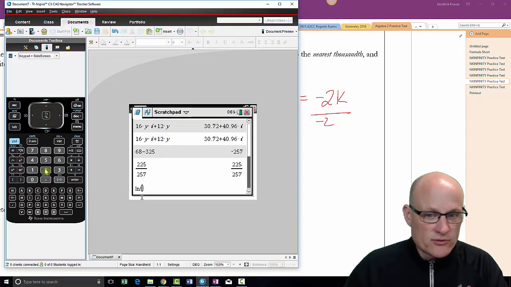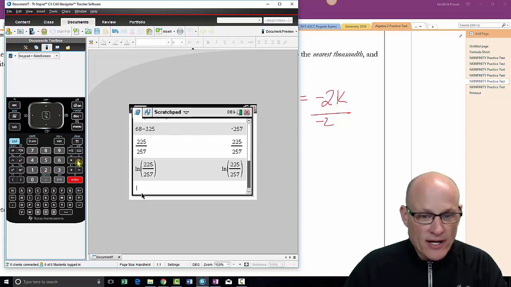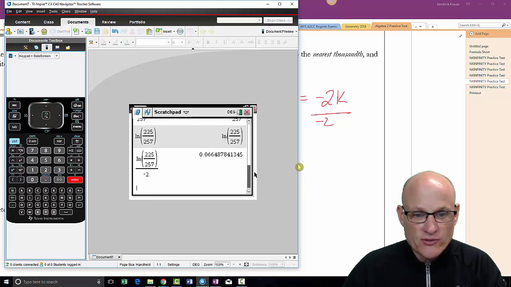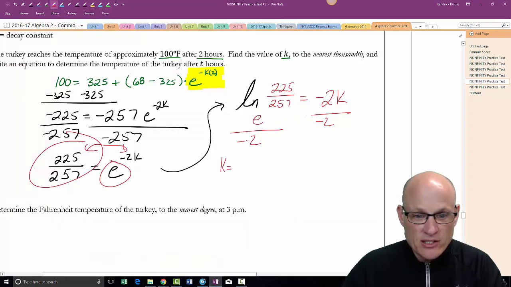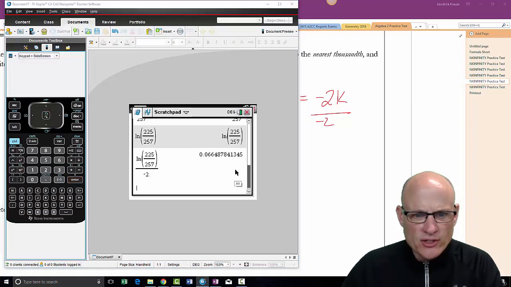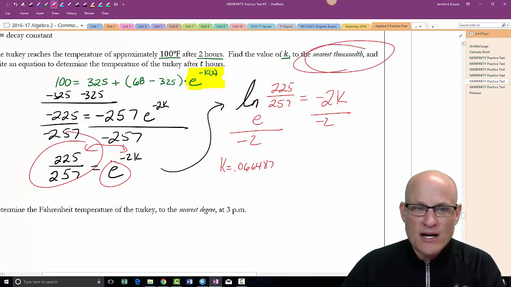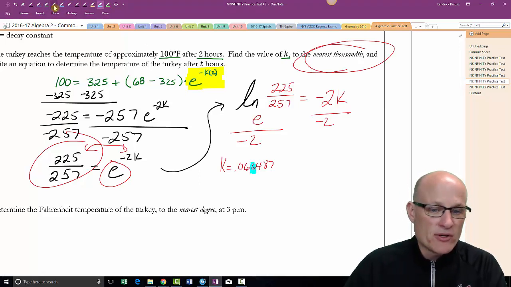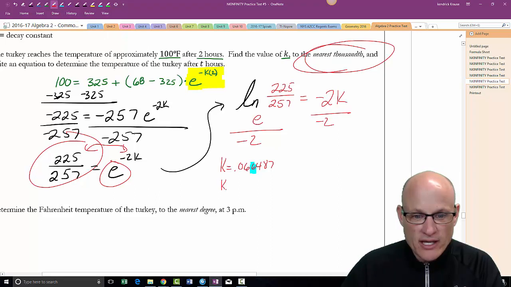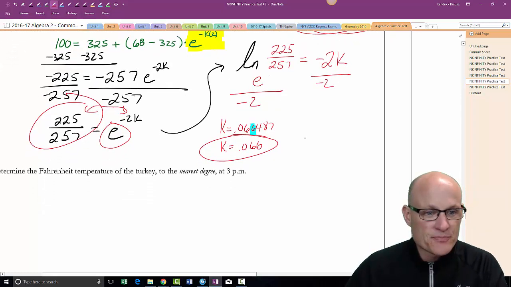So the natural log of 225 divided by 257, enter, divided by negative 2, and it's 0.06648766487. Round to the nearest thousandth. Since the number next to it is a 4, we will just leave it. So K equals 0.066.